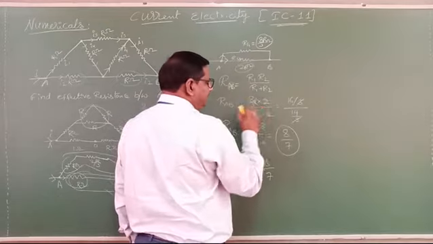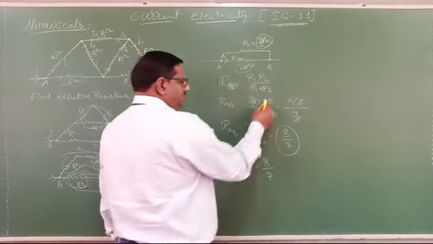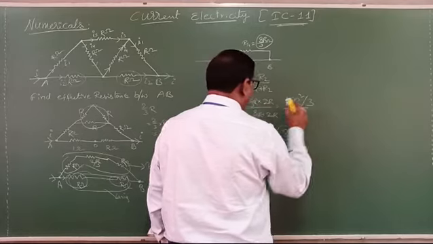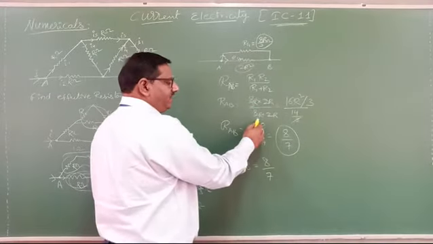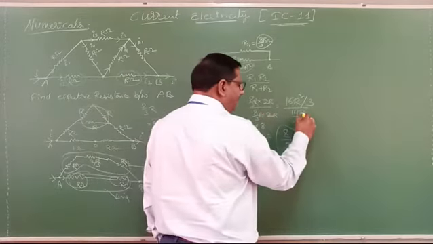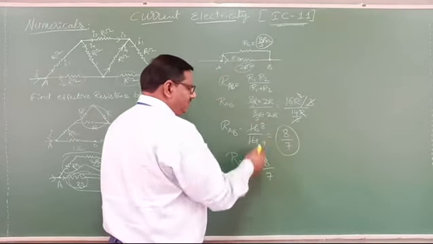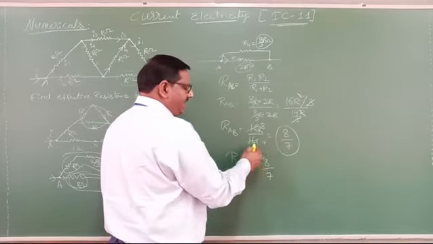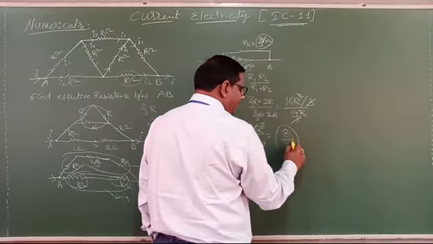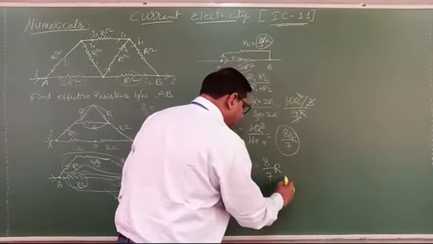Then 8R by 3 times 2R over 8R by 3 plus 2R. Now 16R square by 3 over, taking 3 2s are 6, 6R plus 8R, 14R by 3. Now 3 cancels, R cancels. Then 16R by 14, and 2 cancels. Then the final answer is 8 by 7 R, simply 8R by 7. This is the shortcut.